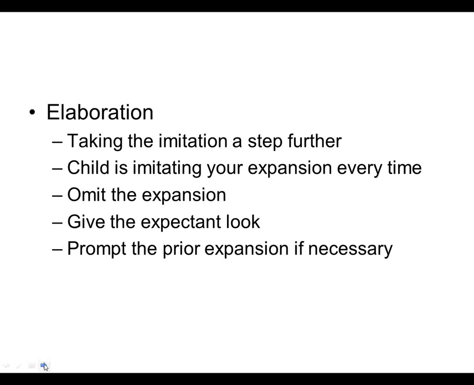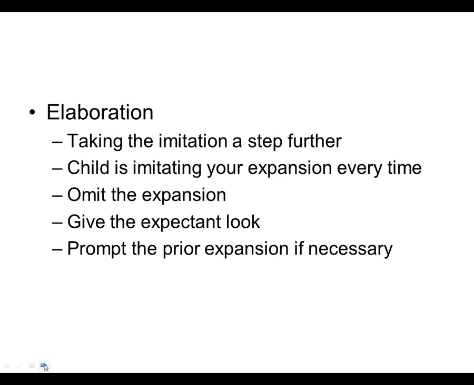They've said something first. But in the elaboration part, the child said something and they learned to imitate my expansion. Well, now I don't want them to go through this whole process of me saying an expansion and them imitating it. I'm sure they would prefer to get access to whatever they want faster, or to stop going through this whole step by step system. It's a lot of talking.